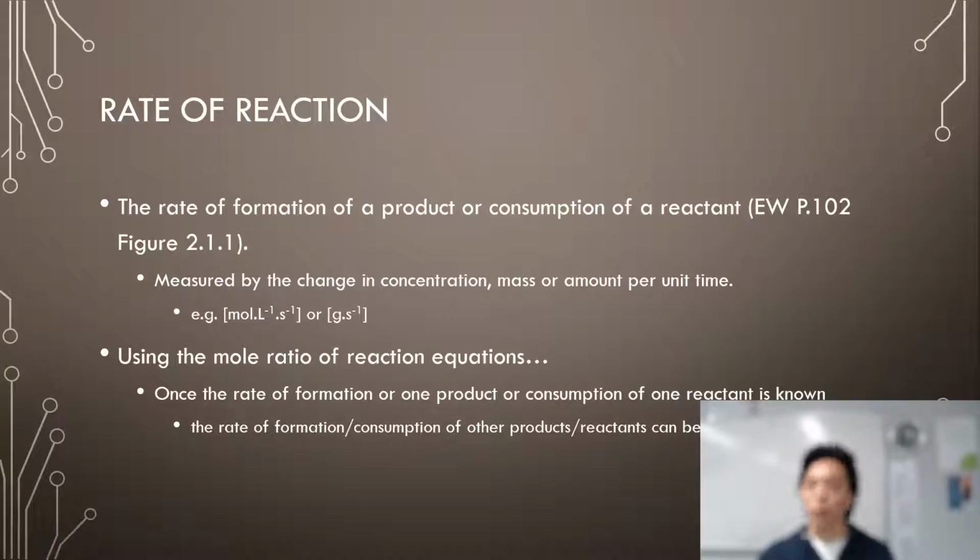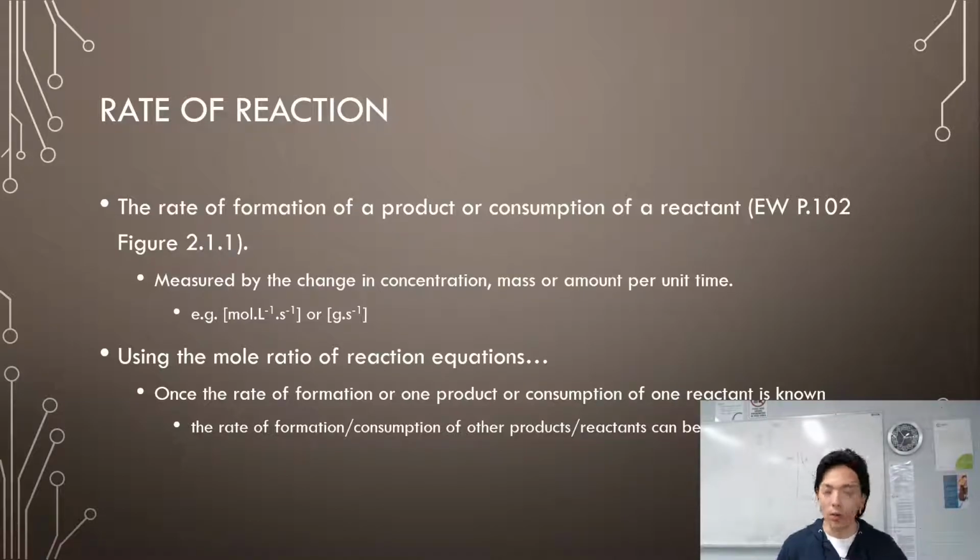It's a concentration change over time, or mass or amount that increases or decreases over time. Time unit could be second, could be minute. If you know how to work with mole ratio, and if you know the chemical equation and how much is consumed, and how much should be coming out, like say 2-to-1 ratio. For example, if you are breaking down H2O2, hydrogen peroxide, from 2 molecules of hydrogen peroxide, you should always get 1 mole of oxygen.